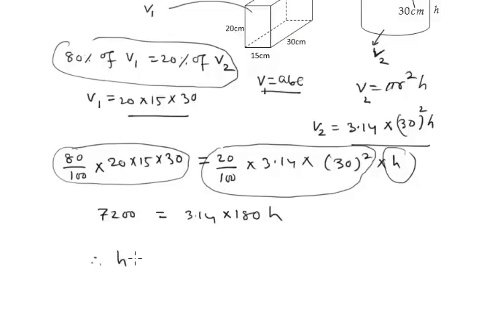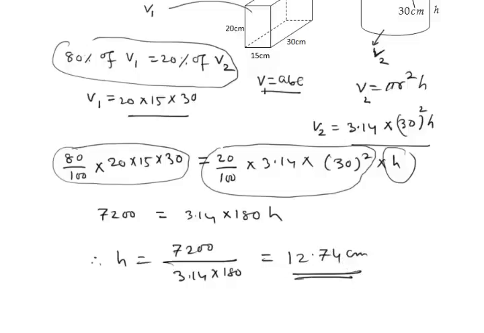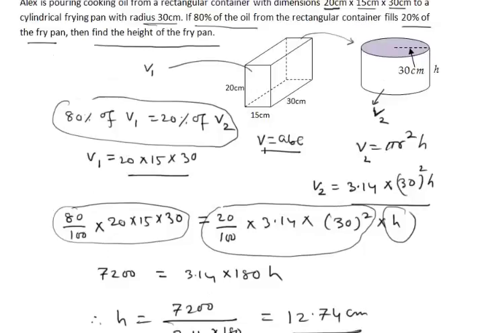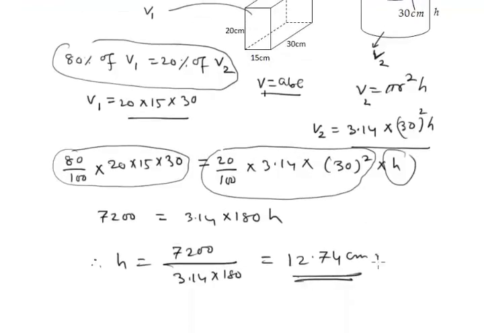So from here we will get h equals 7200 divided by 3.14 times 180. If we do this calculation, we will get 12.74 centimeter. So therefore the height of this fry pan is 12.74 centimeter.